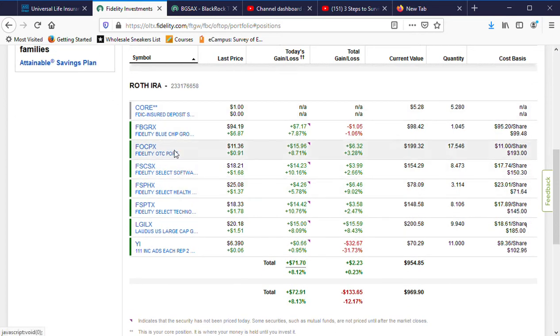So again, these are all the stocks that I have. Today I've gained $71.70. The total gain was 2.23% because I lost some money here on the YI, but it's okay because I'm not selling. I'm just going to ride it out because it's going to go up. I have time.